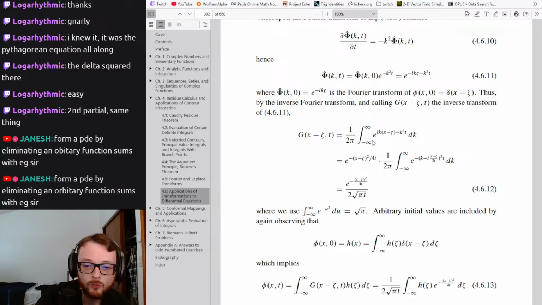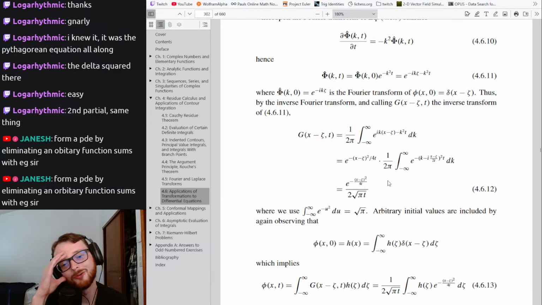Wait. This is one of the ones where you have to complete the square in the exponent. I remember doing this for some other problem recently. It's a real pain.